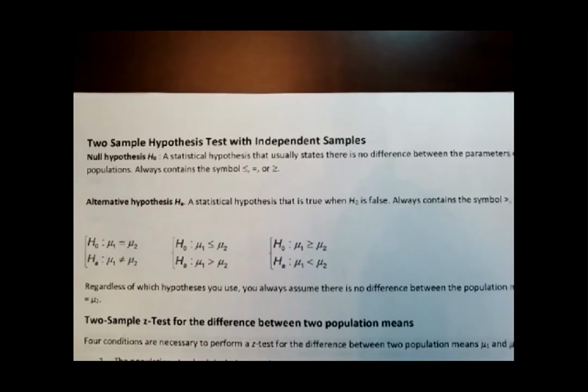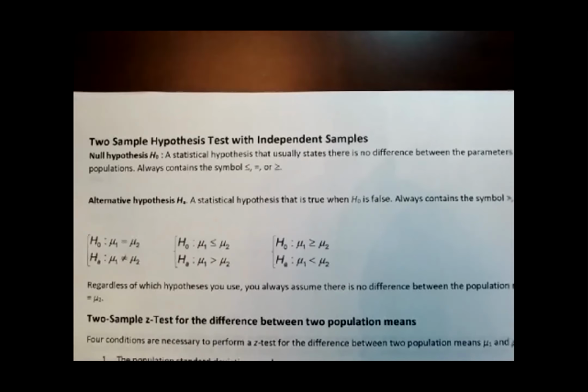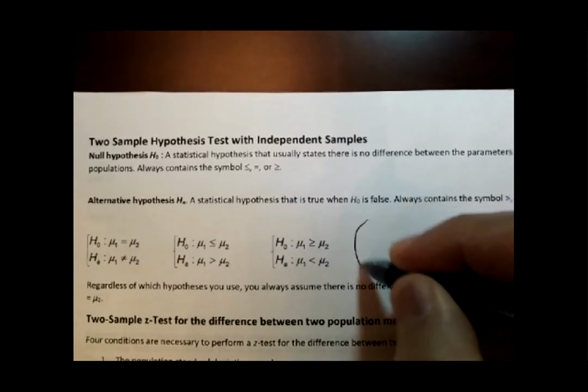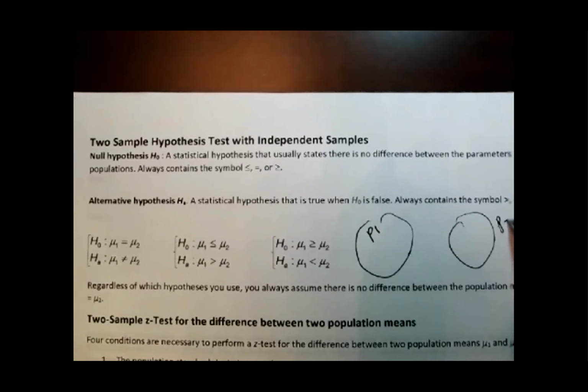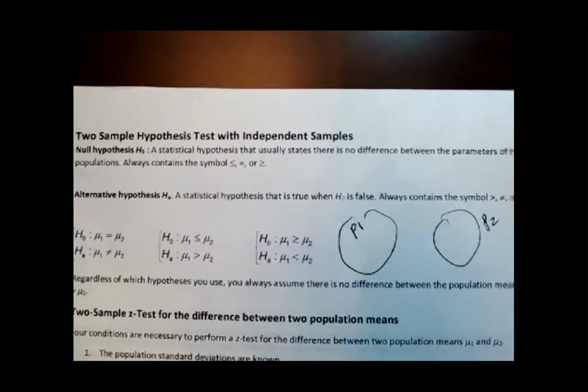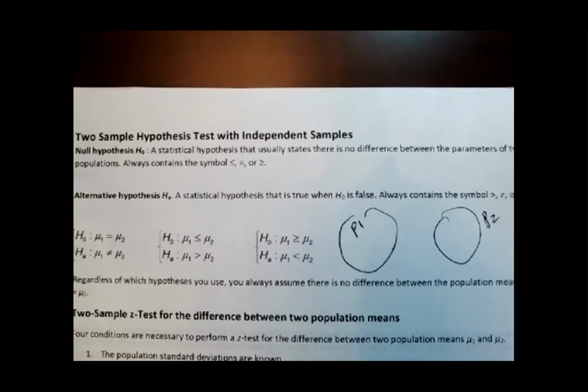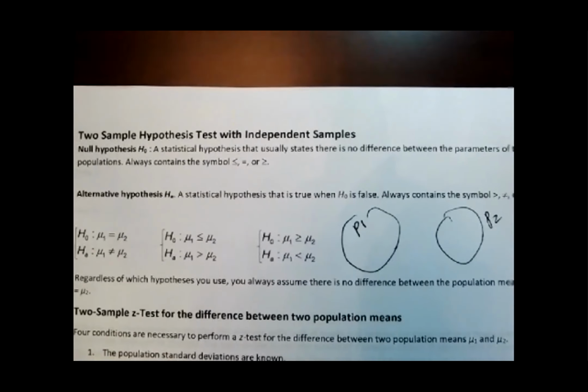The first step, guys, is to identify the null and the alternative. But look how easy it is to identify the null and the alternative hypothesis. We do have 2 populations, guys. Population 1 and population 2. Since we're picking 2 samples, we pick 1 sample from population 1 and 1 sample from population 2.